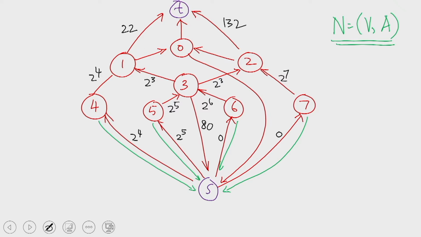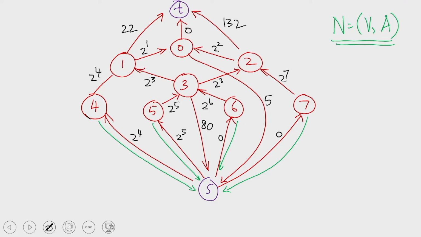Now coming to vertex 0, the edges from 1 to 0 and 2 to 0 have capacities of 2 power 1 and 2 power 2 respectively. And according to the fourth clause, the edge from 0 to T has a capacity of 0. And according to clause 3, the edge from 0 to S has a capacity of 5. Now the capacity of every edge is marked except the green edges that are from the inputs to the source.